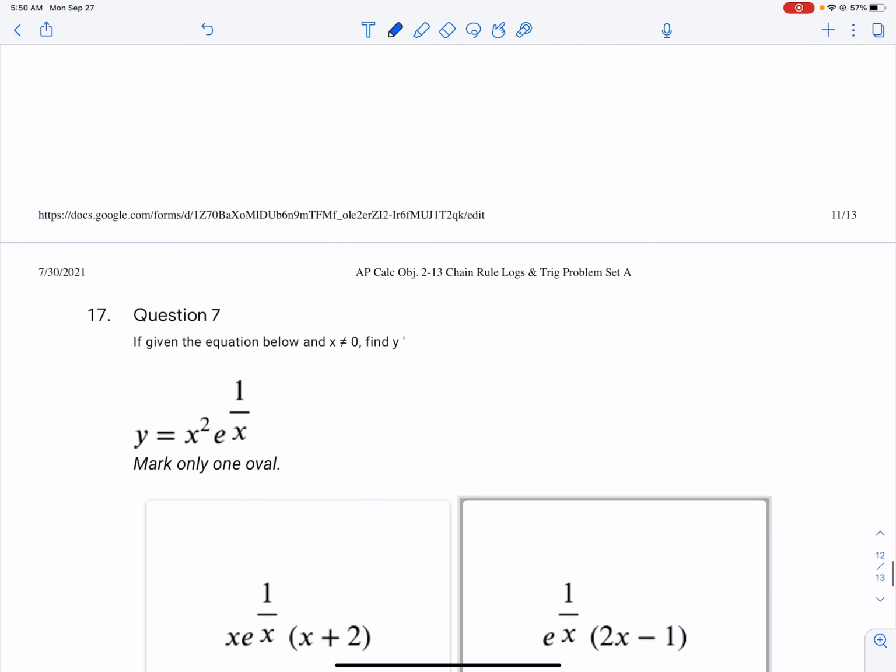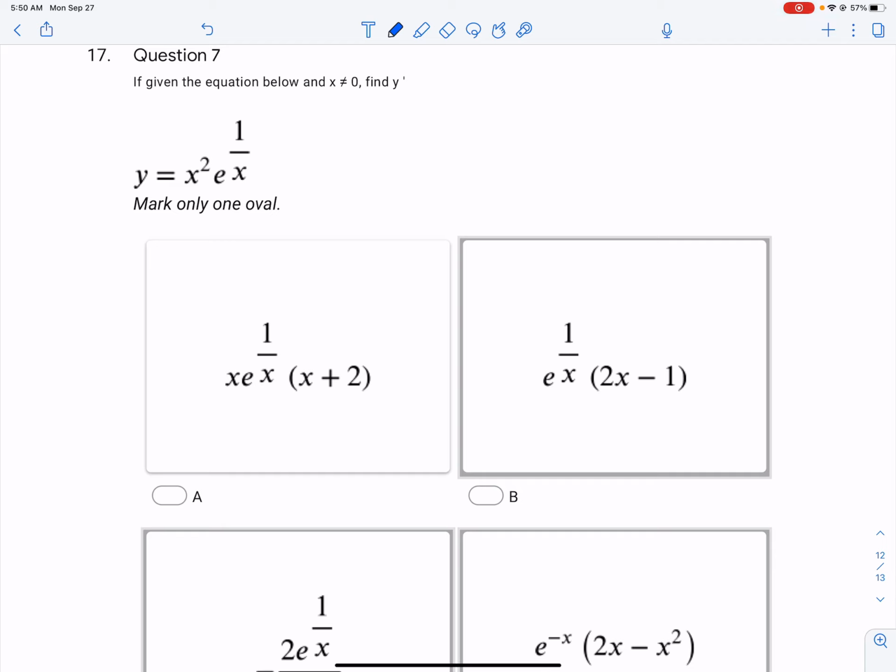Okay, that's question 6. Question 7 is a product rule with chain rule. Just remember that 1 over x is x to the negative first power. So y prime is e to the 1 over x times the derivative of x squared, which is 2x, plus x squared times the derivative of e to the 1 over x, which is e to the 1 over x times negative x to the negative second power.